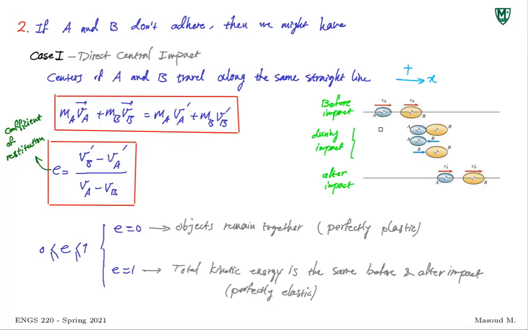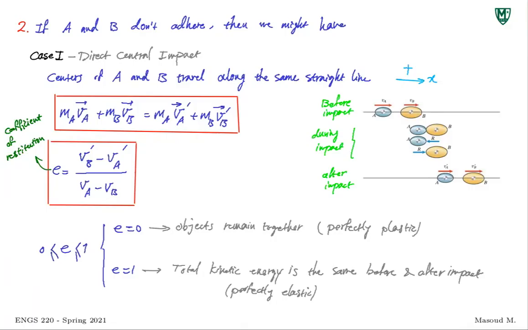I put before impact, during impact, after impact. I just want to emphasize, when we talk about momentum methods as opposed to energy methods, in momentum methods we care about the directionality of vectors. We care about the directions. That means I had to put this here just to emphasize these are vectors, so we have magnitude and direction.